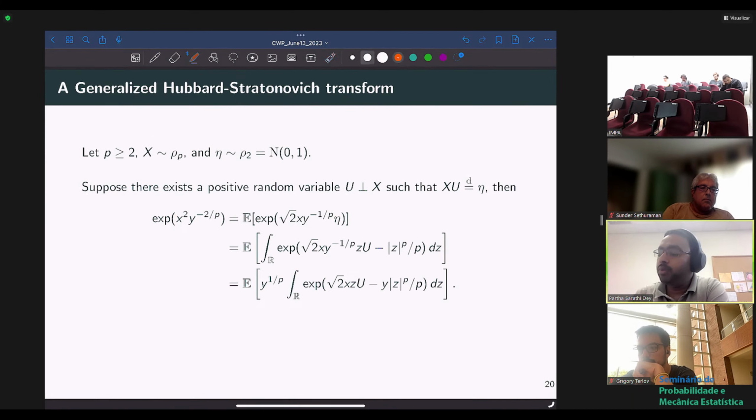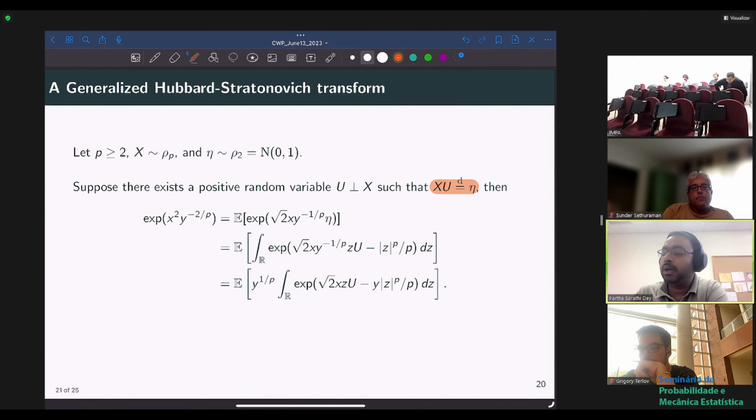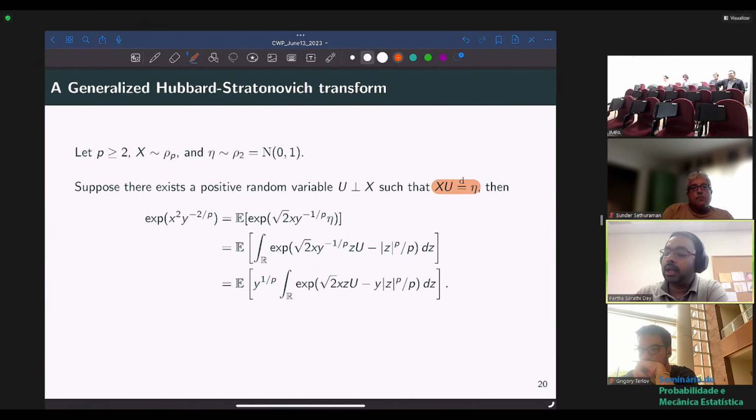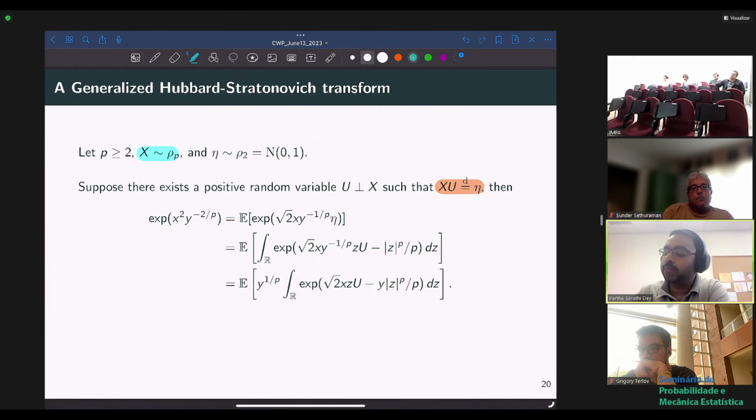Now, if we can write a Gaussian random variable as a product of two independent random variables, x and u, where x satisfies this property and u is independent of x, then I can replace eta by this x times u, and x has density e to the power minus x to the power p over p. Put it there, and do a change of variable, multiply z by y to the power 1 over p, and then you can see that you get this integral. Now, this is almost linear except for this y to the power, but that's a polynomial term, right?